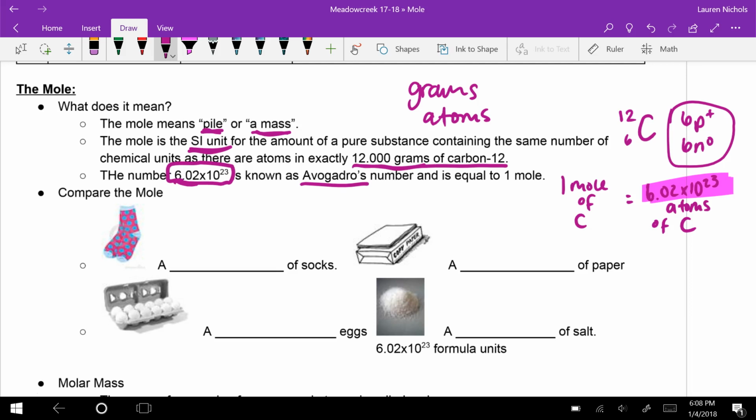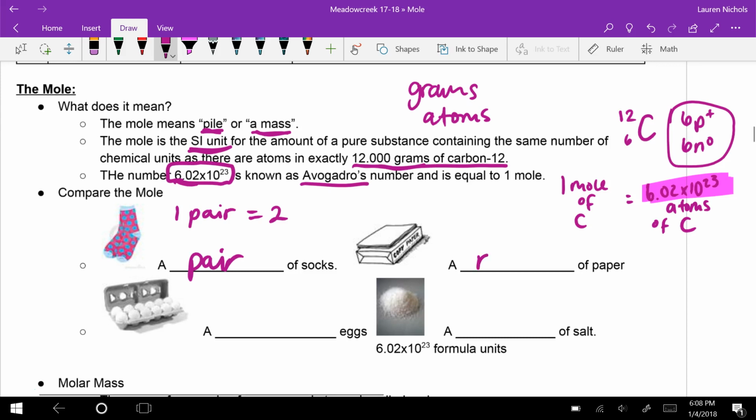When we look at socks, we talk about a pair of socks, and a pair of socks is referring to 2 socks. You have 1 pair is always equal to 2 of whatever it is. If I have a pair of socks, it's 2 individual socks. If I have a pair of sunglasses, then I have 2 individual sunglasses. If I have a pair of chickens, then I have 2 chickens, right?